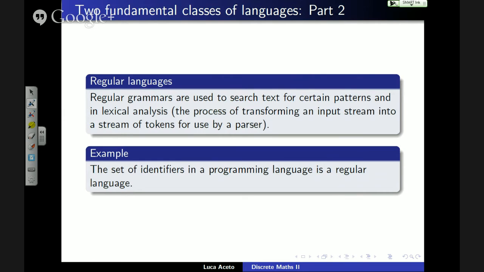So for instance, the set of identifiers in any programming language is a regular language, which is generated by a regular grammar. For instance, how would you describe the set of identifiers in C++? What is it that you can use as variables?